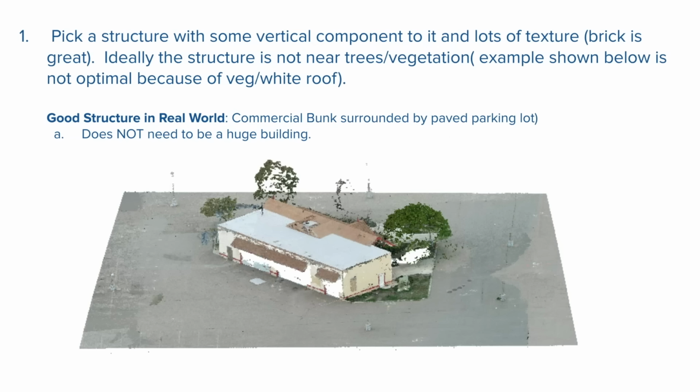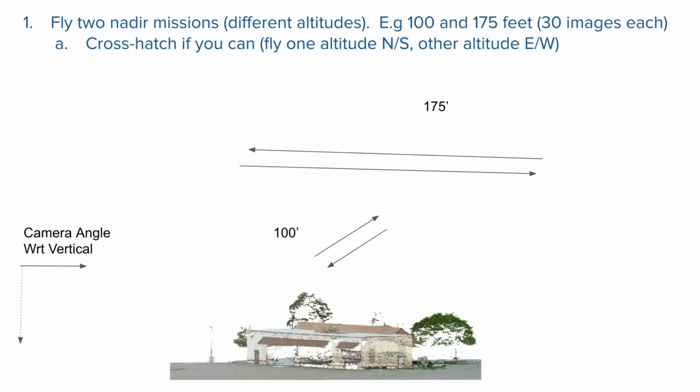You just pick a structure with a lot of vertical components to it, if possible, and a lot of texture. Maybe this example isn't great, but otherwise I would shoot for a brick building with a lot of vertical relief, in the middle of a parking lot, like a bank, for example. And all you need to do is fly.